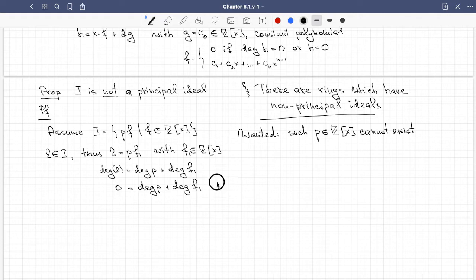So that implies that degree p is 0. Thus, p is a constant polynomial. So if p exists, then it must be constant.